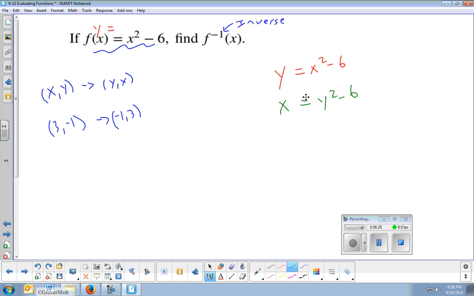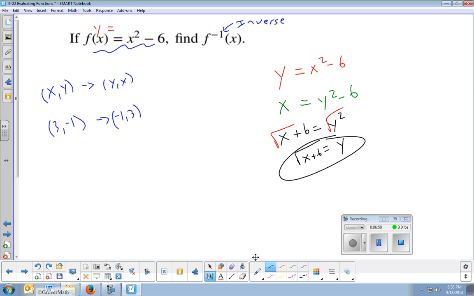And now I'm trying to solve for y, because we always like our equations to be y equals. So I'm going to add 6 to both sides, make it x plus 6 equals y squared. And then I don't want y squared, I want just y. So I'm going to have to do the square root of both sides to get that to be just y. And I end up with y equals the square root of x plus 6.